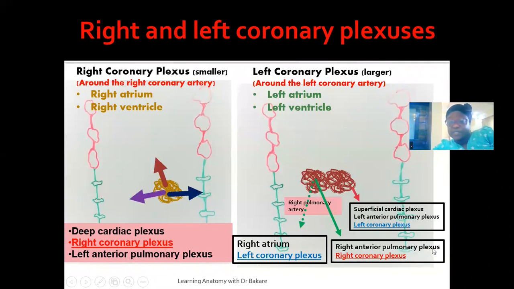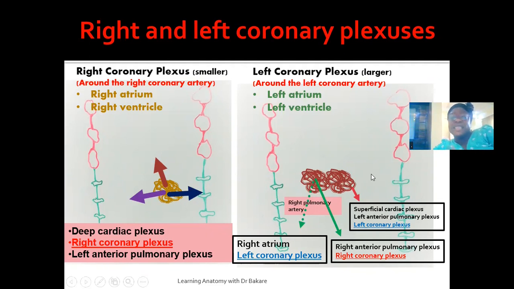Now going to the left coronary plexus, we see that the left coronary plexus only receives branches from the deep cardiac plexus. This is the deep cardiac plexus here on this side, and we say that the deep cardiac plexus has two sub-regions on the right side and also on the left side. On the right side of the deep cardiac plexus, you see a branch being given to the left coronary plexus, and also on the left side, you see another branch being given to form the left coronary plexus.